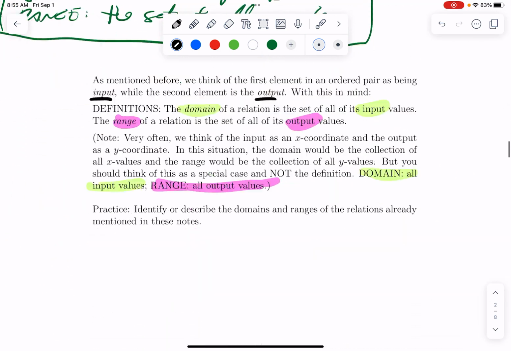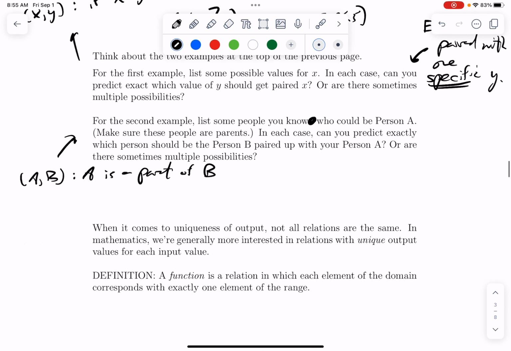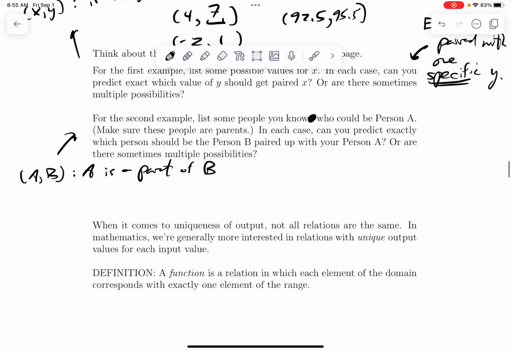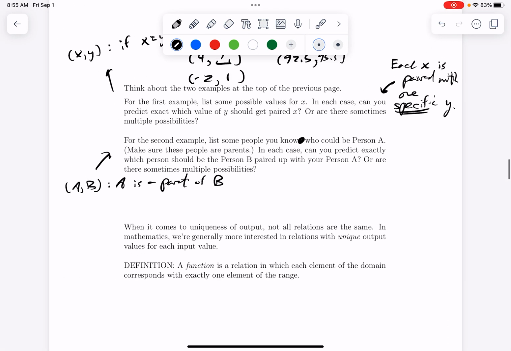A is a parent of B. So in this case, if I tell you who A is, do you know exactly who B is supposed to be? In some cases, maybe you do. In some cases, maybe not. To use just the example again from my family, if A is Joan Friel, well, B could be me, Patrick Friel, but it could also be my sister, Bonnie Friel.